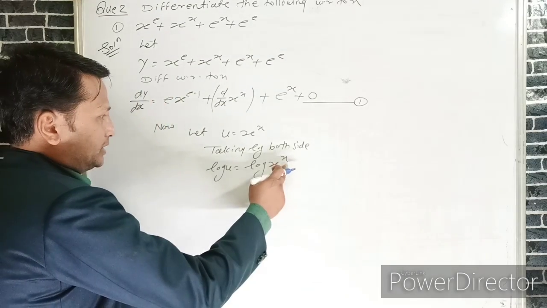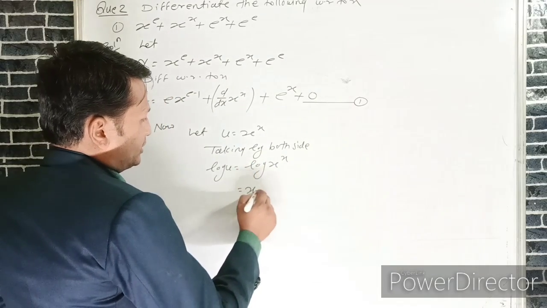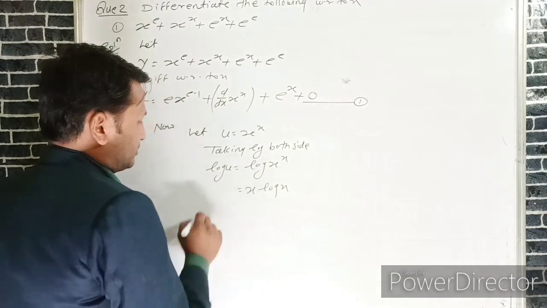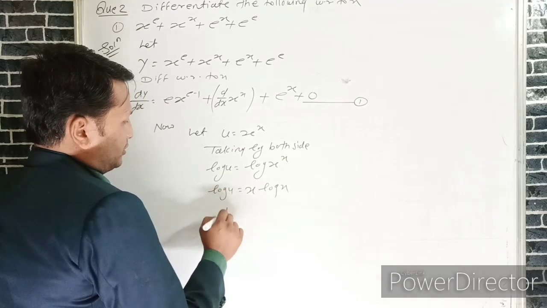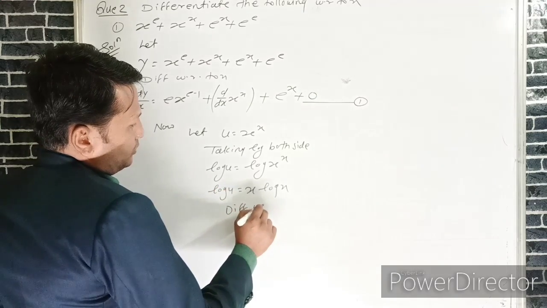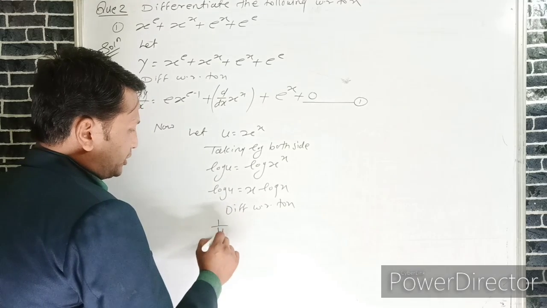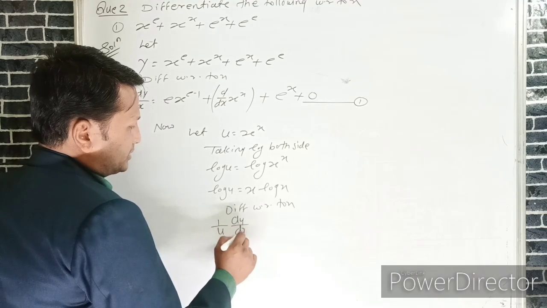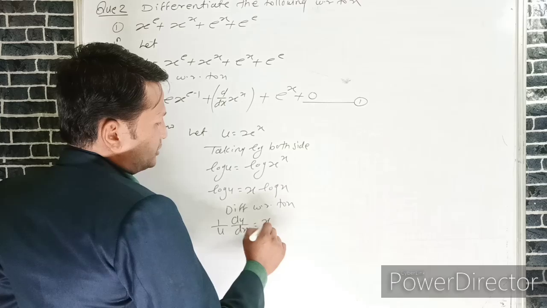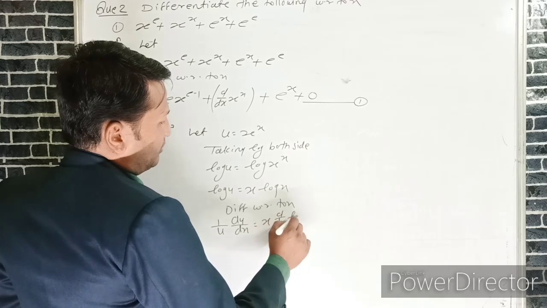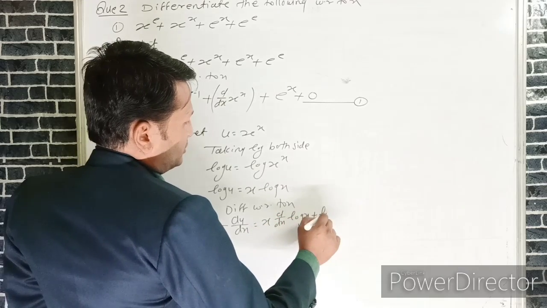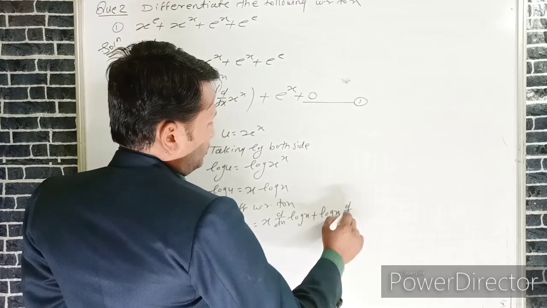This x we can write before the log: x log x, which is log u. If we differentiate with respect to x, then we can write the derivative of log u is 1 by u du upon dx. Here x into the derivative of log x plus log x into the derivative of x.